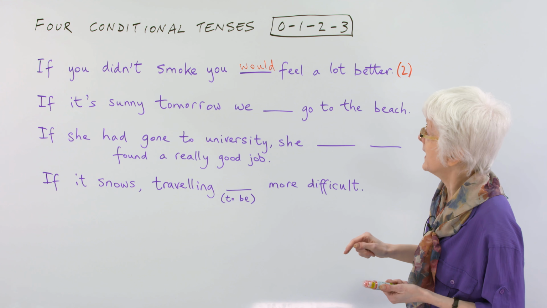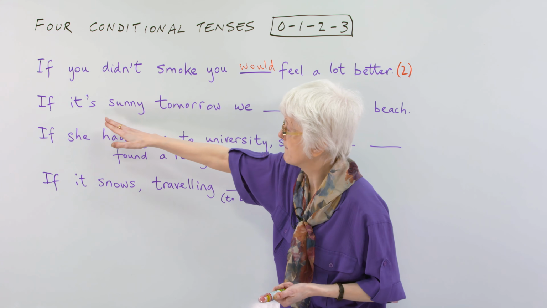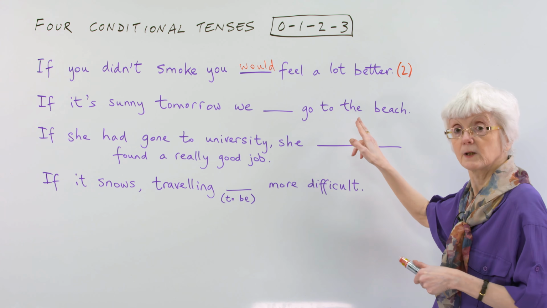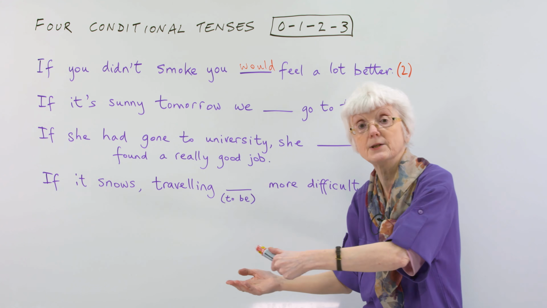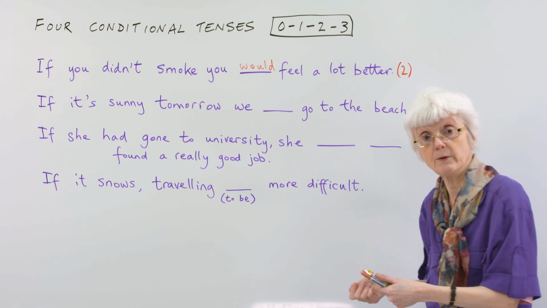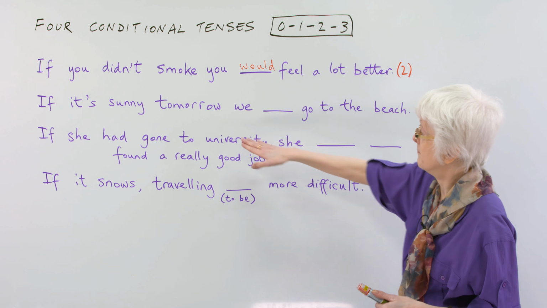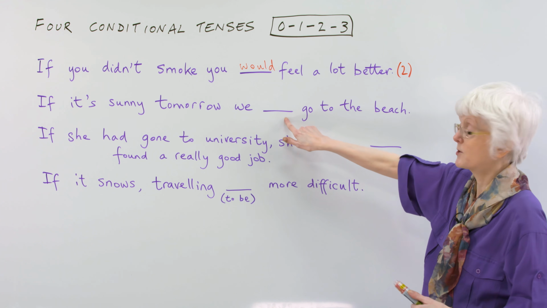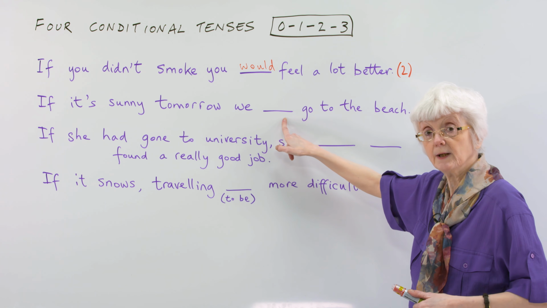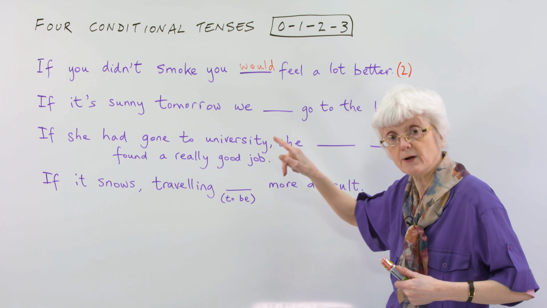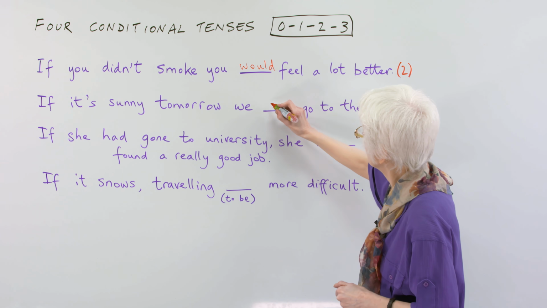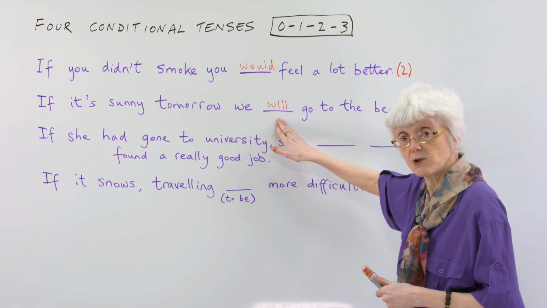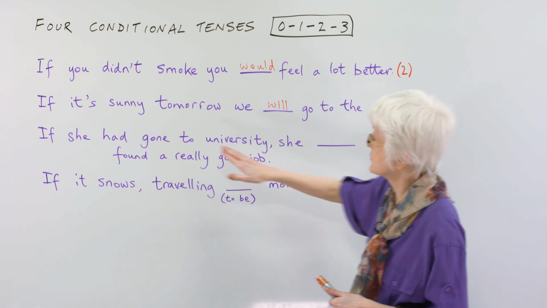Right. Next one. If it's sunny tomorrow, we ___ go to the beach. So tomorrow is in the future. So there's a clue. If it's sunny tomorrow, what's the future tense? What's the verb you always use with the future, the auxiliary verb? We will. Okay, so the future tense, we will go to the beach.